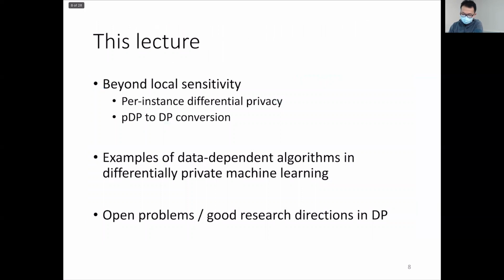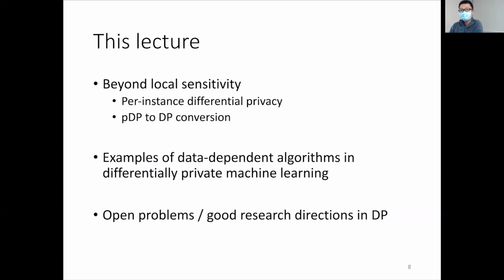So we will try going beyond the local sensitivity. We'll talk about a concept called per-instance differential privacy, and how we can make use of this to have a systematic recipe that we can write down. By just following this step by step, you will be able to derive data-dependent differentially private algorithms, and it also allows you to discover interesting properties of the data.